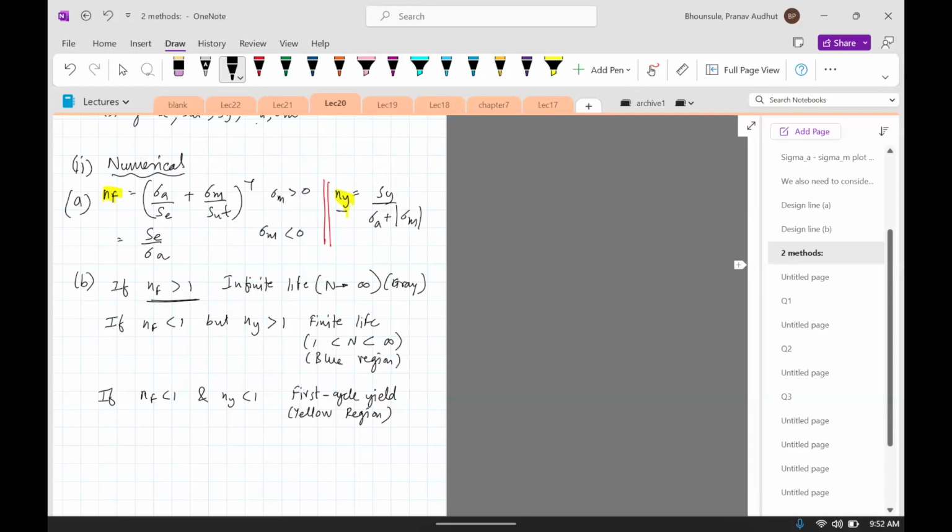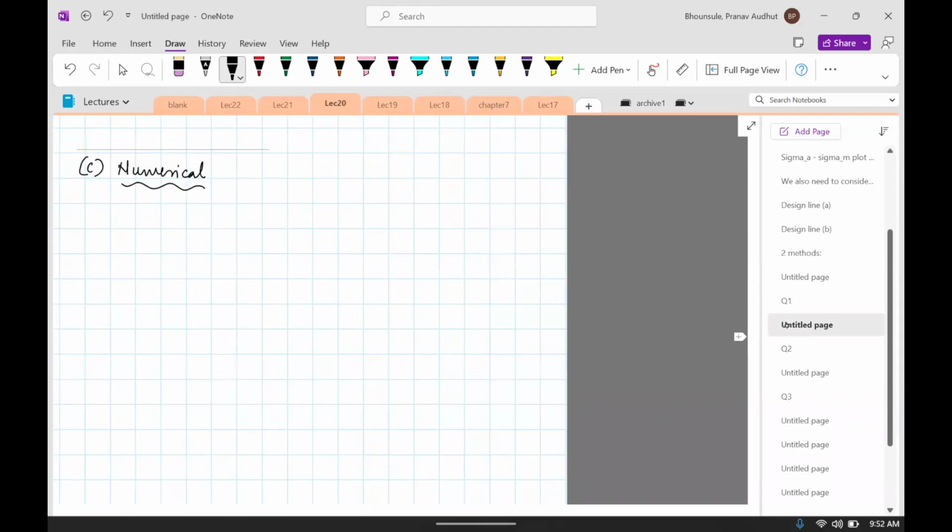So NF is greater than 1, which means that it should be in the infinite life region. So that was very straightforward for our numerical method. Since NF is greater than 1, we would say it is infinite life, n goes to infinity.